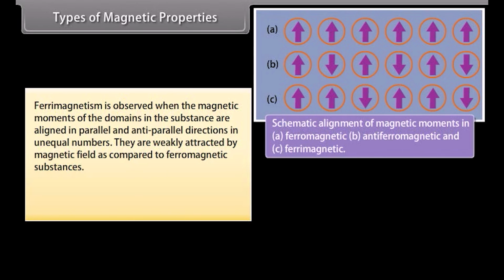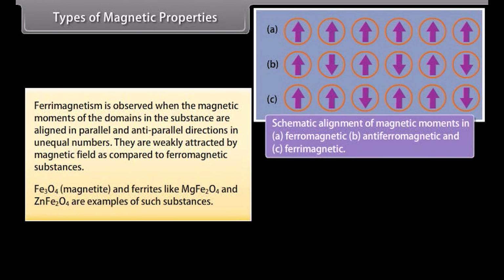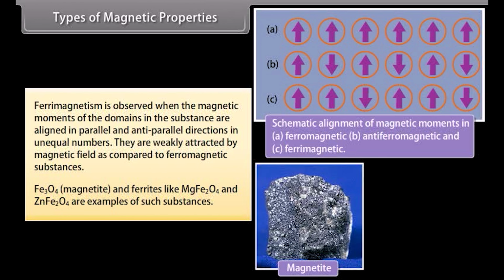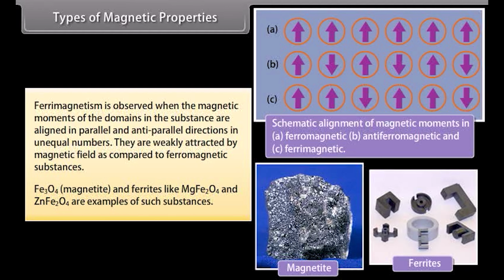Ferrimagnetism is observed when the magnetic moments of the domains in the substance are aligned in parallel and anti-parallel directions in unequal numbers. They are weakly attracted by a magnetic field as compared to ferromagnetic substances. Fe3O4 (magnetite) and ferrites like MgFe2O4 and ZnFe2O4 are examples of such substances.